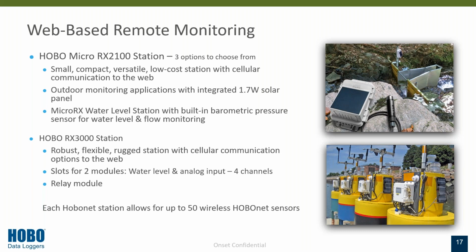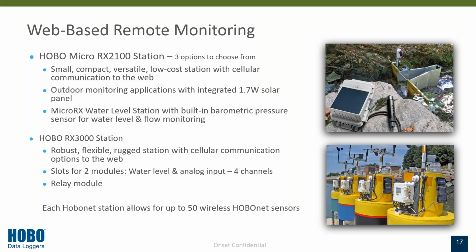Looking at the picture below on the bottom, you will see we have the RX 3000 stations mounted on some buoys here. These are our more robust, flexible stations where you can really customize your experience. You get the same things that the RX 2100 offers, except instead of 5 smart sensor ports, you get 10 smart sensor ports.